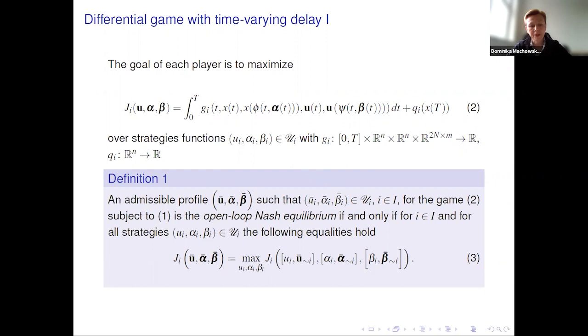And next, we formulate the definition of the open loop Nash equilibrium in the classical way. It means that an admissible profile u bar, alpha bar, and beta bar for our game is the open loop Nash equilibrium if for each player and for all strategies the following equality holds. So this is the standard definition.